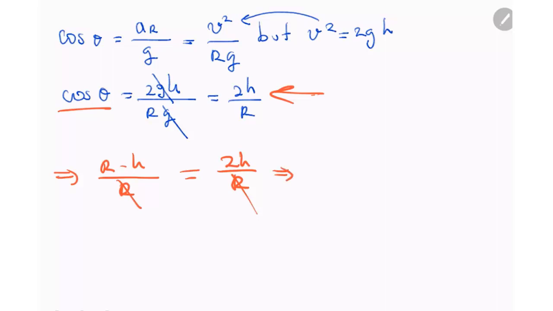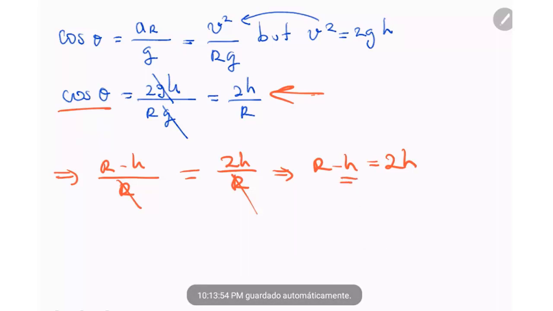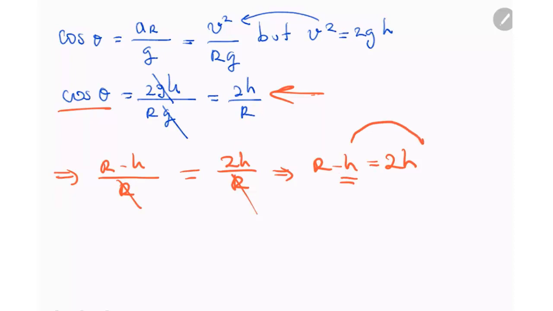So we get r minus h is equal to 2h. This h is subtracting on this side of the equation. We're gonna send it to this other side, adding up. So r is equal to h plus 2h. That means that r is equal to 3h.